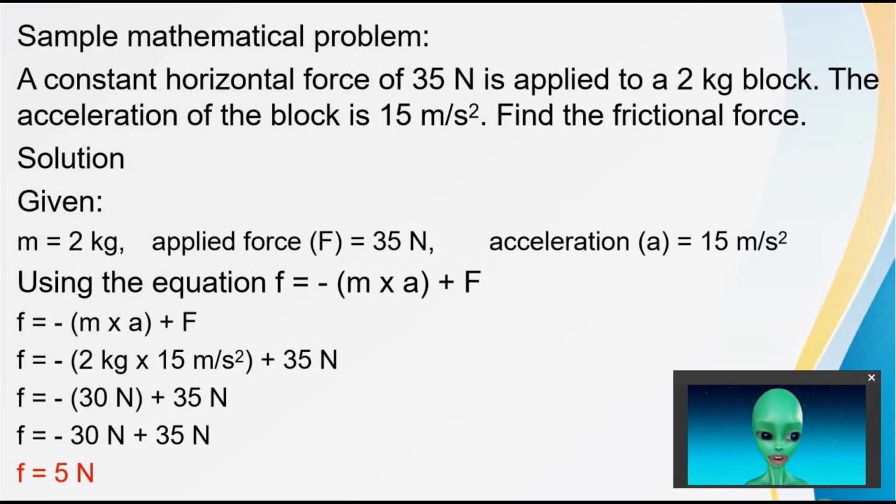So we first multiply the mass and acceleration. We also multiply the negative sign with what's inside the parentheses, so it becomes negative 30 newtons. Then lastly, we add 35 newtons. So negative 30 plus 35 is 5.